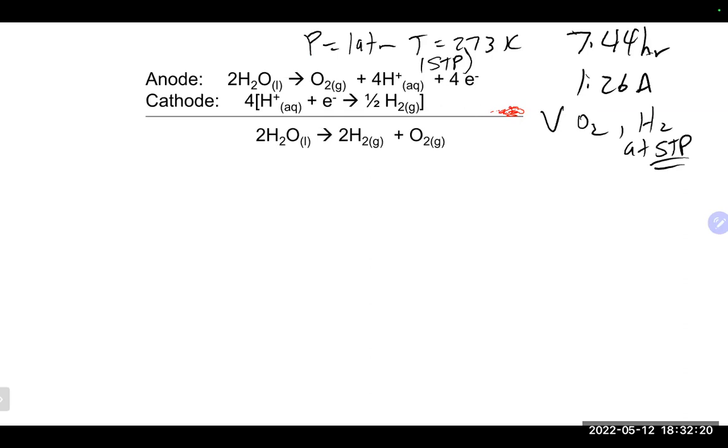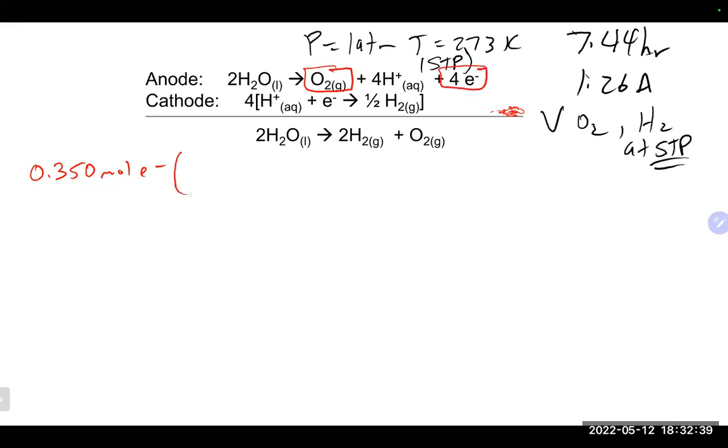And we can see that we have 0.350 moles of electrons. From the half reaction for oxygen, 1 mole of oxygen gives us 4 moles of electrons.